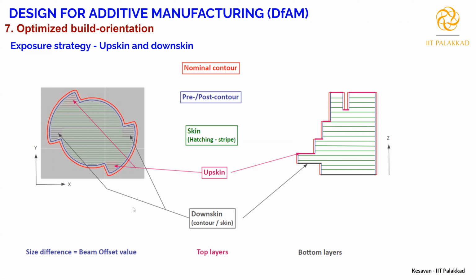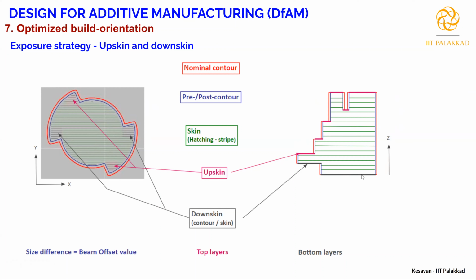There are other laser-associated parameters. It's called the exposure strategy. Sometimes we need to expose the upskin. What I mean by upskin is, you see this is the component on the right hand side. All this region is called upskin, and all this region is called downskin, right?